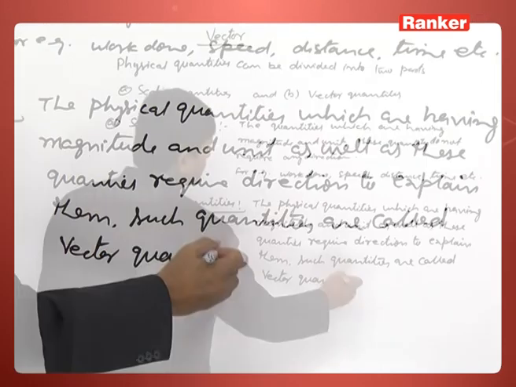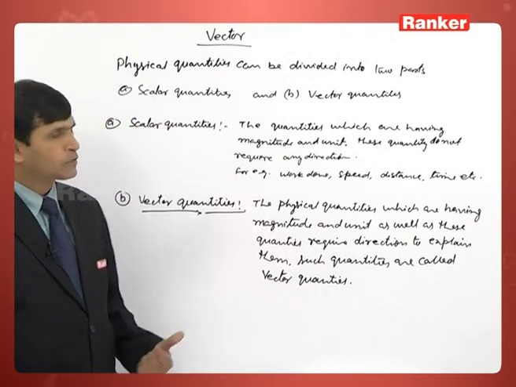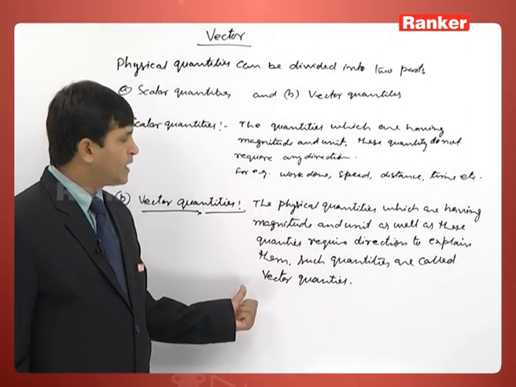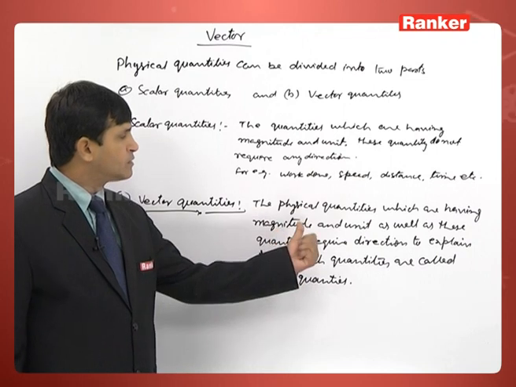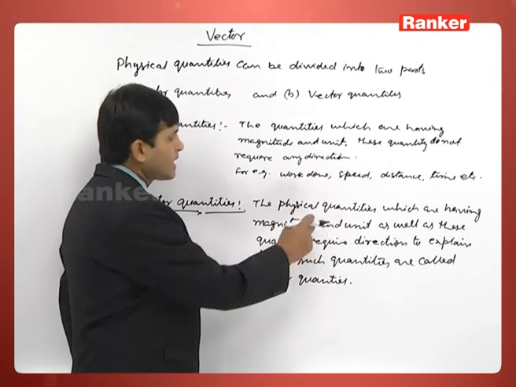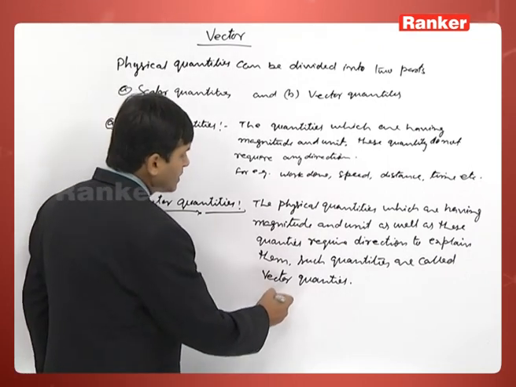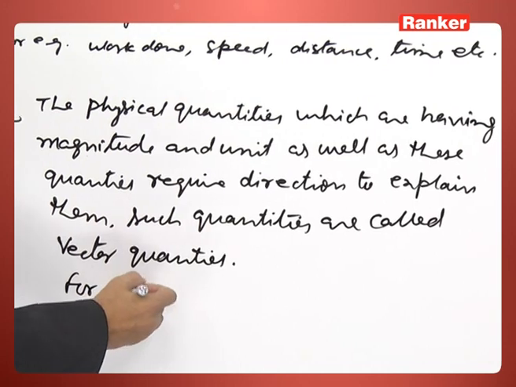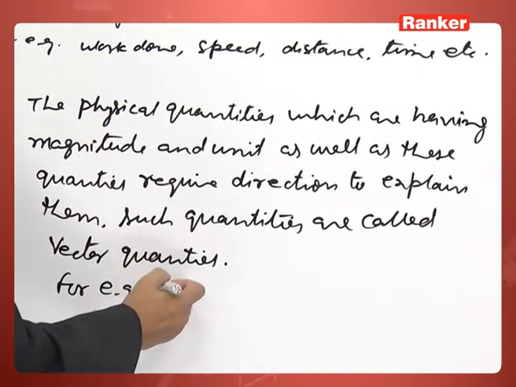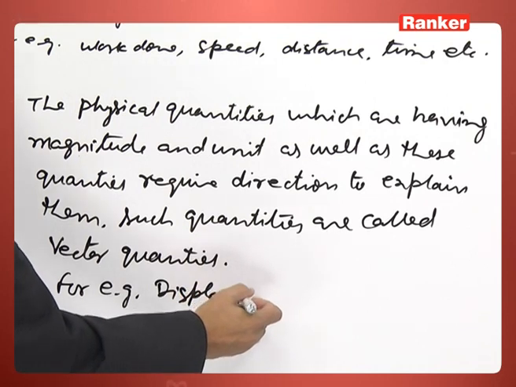So we can say the vector quantities are those quantities which can be explained by the magnitude, unit, as well as direction. Without direction, these quantities cannot be explained. So, for example, displacement, one of the very common examples.